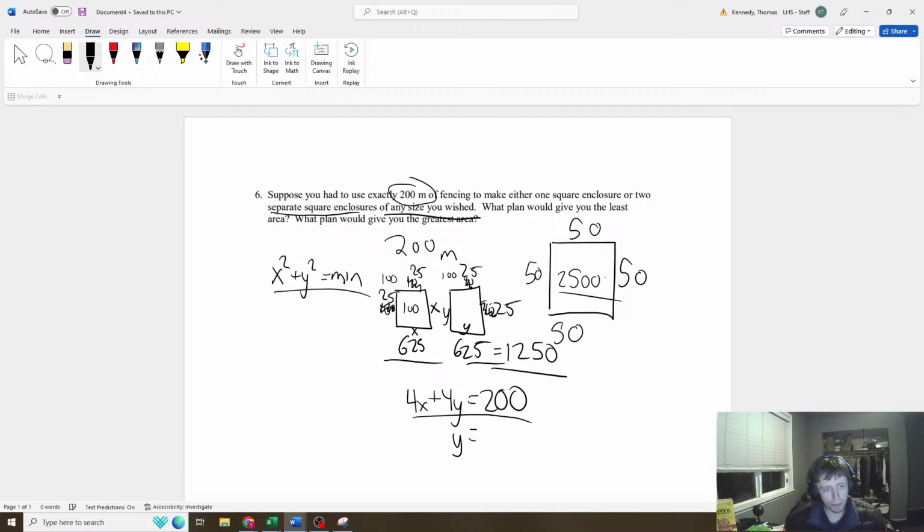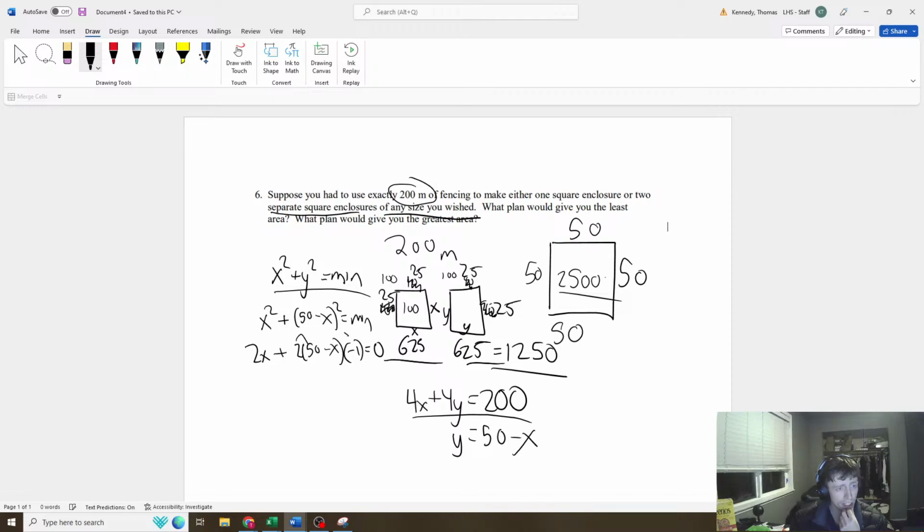So y would be, if I subtract 4x over and then divide by 4, 50 minus x. So I could plug that in over here and get x squared plus (50 minus x) squared equals minimum. I could just take a derivative right away. 2x plus 2 times (50 minus x) times a -1 for the chain rule equals 0.